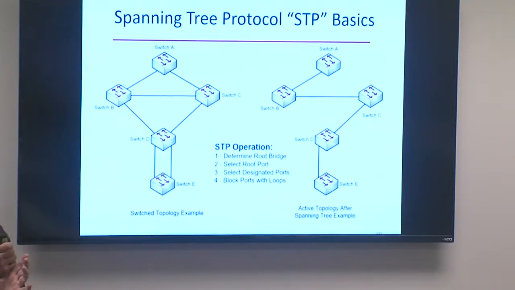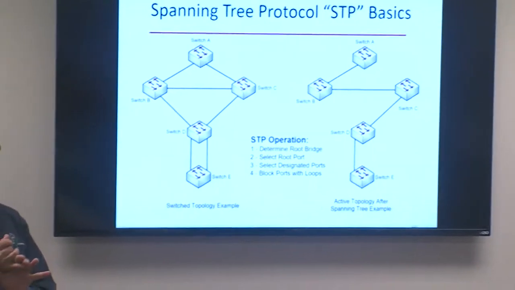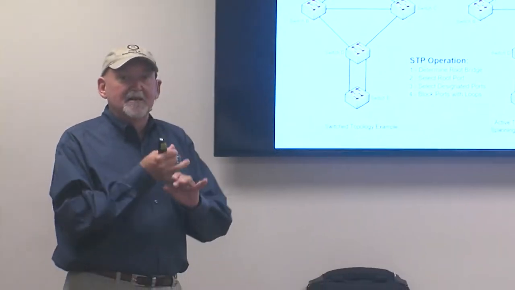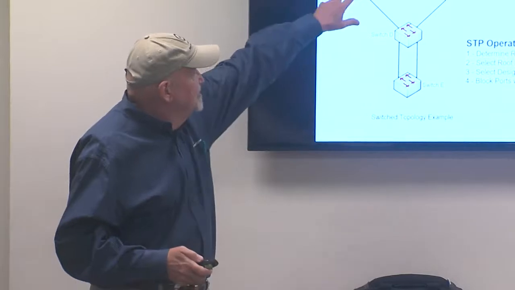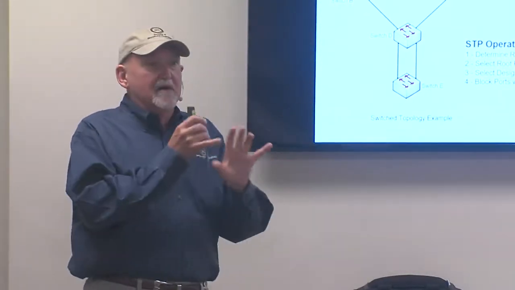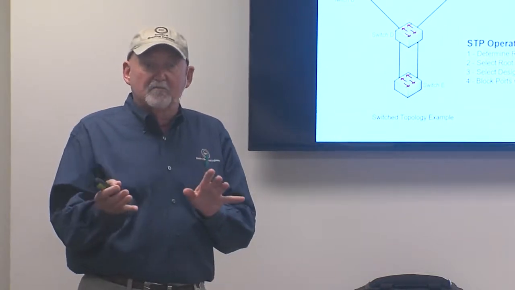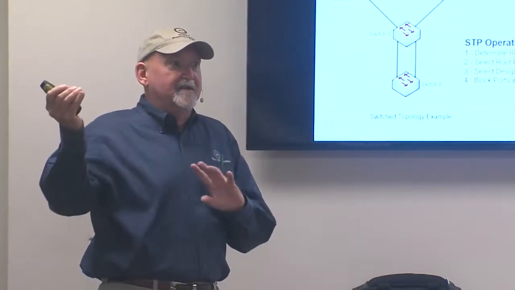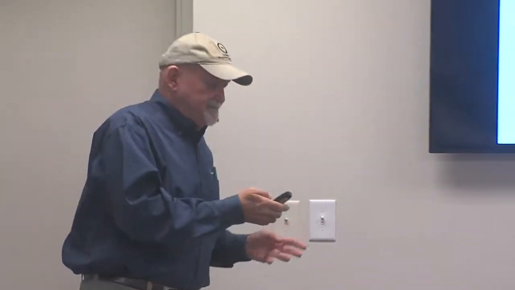And by lowest cost, what that refers to is not cost in dollars, but cost in terms of what is best. Best is generally defined as the highest bandwidth. So if I have a scenario where not everything is the same bandwidth, it's going to pick the higher bandwidth because it's better. Okay?